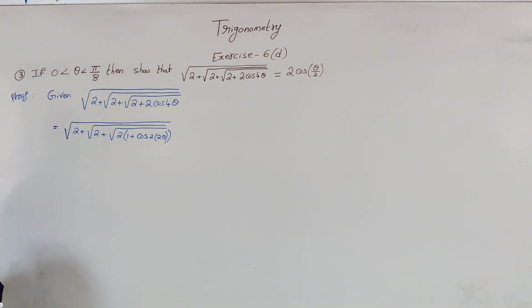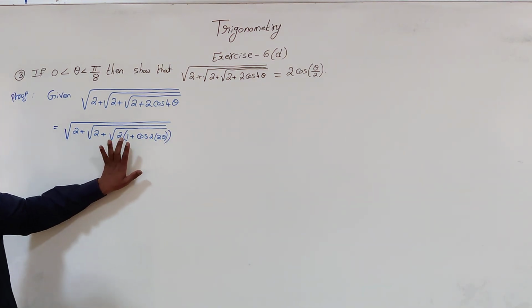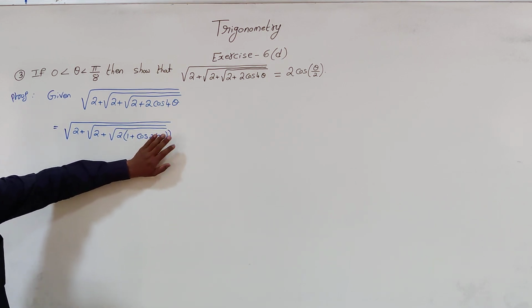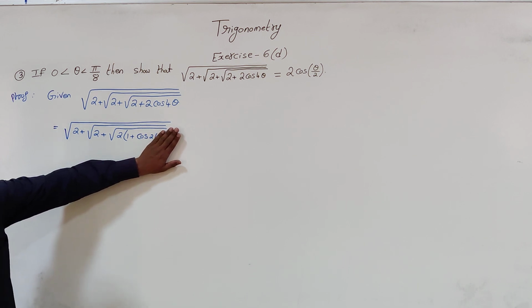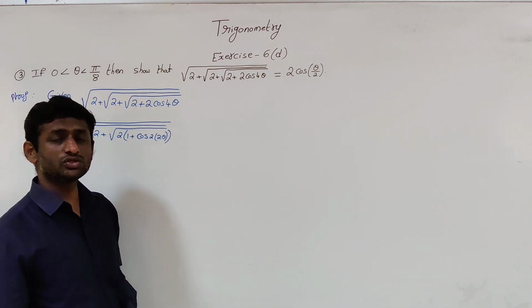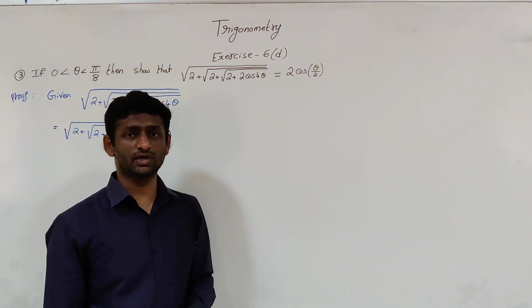Is it clear? Next, it is like 1 plus cos 2 alpha, if I treat 2 theta as alpha. What is 1 plus cos 2 alpha? It is 2 cos square alpha.